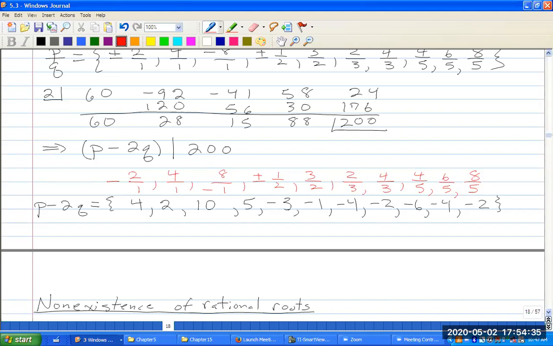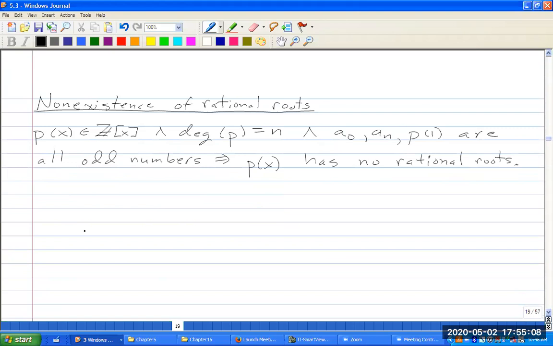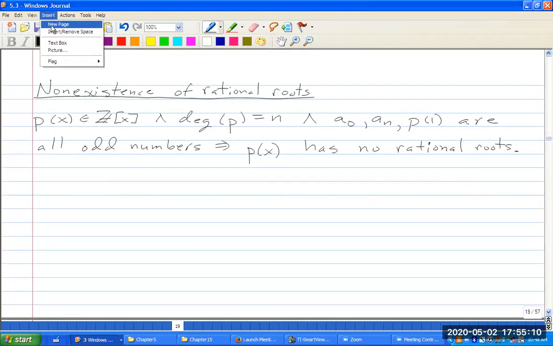Okay, so factors of 200 actually doesn't eliminate that much. It just gets rid of the 3 and the 6. That's it. Only gets rid of 2 things. This one didn't help a whole heck of a lot, but at least I eliminated enough that I'm under how many I wanted to look at.